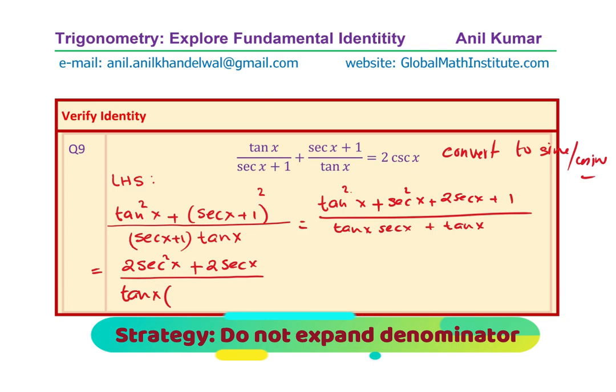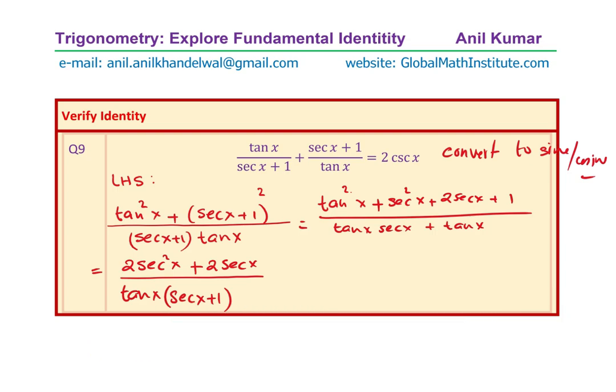We are coming back to the same thing, right? Because as you can see here, if I take 2 secant x common, I get secant x plus 1 as one of the factors, and therefore I did not expand. Continue with the previous one.